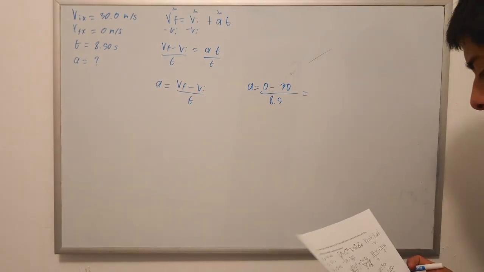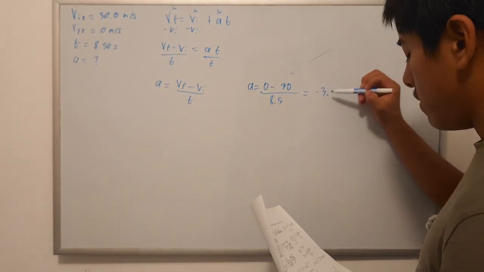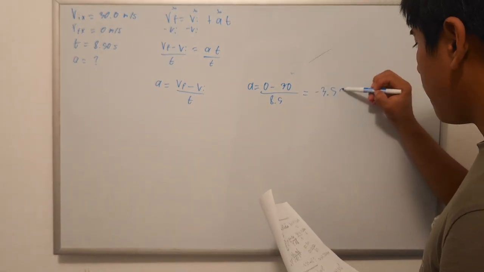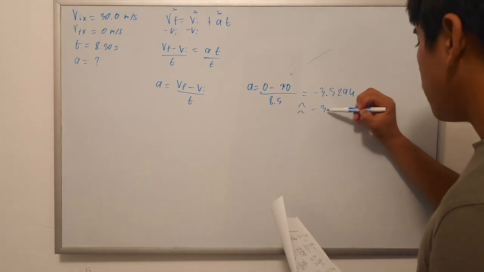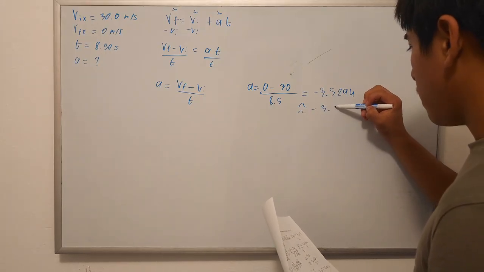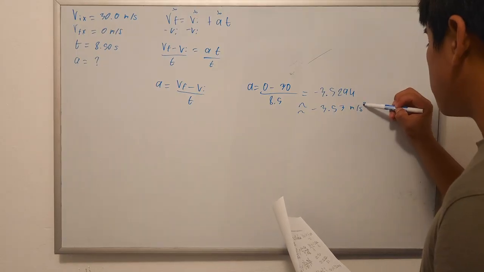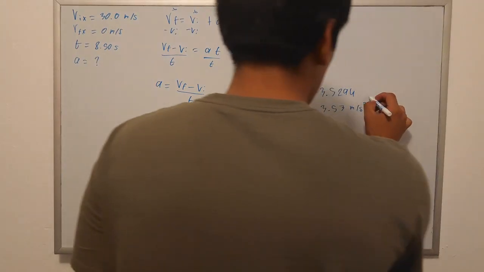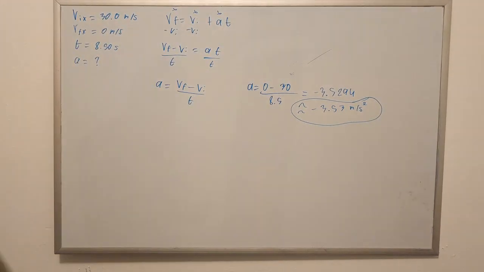And when you plug that into a calculator, you should get negative 3.5294. And if you round, you get negative 3.53 meters per second squared as your final answer for that part.